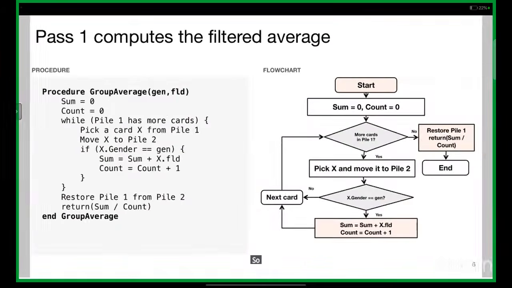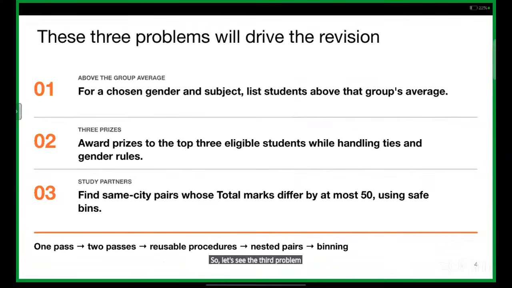So let's see the third problem first. What was it? We have to find same city pairs whose total marks differ by at most 50 using safe bill.